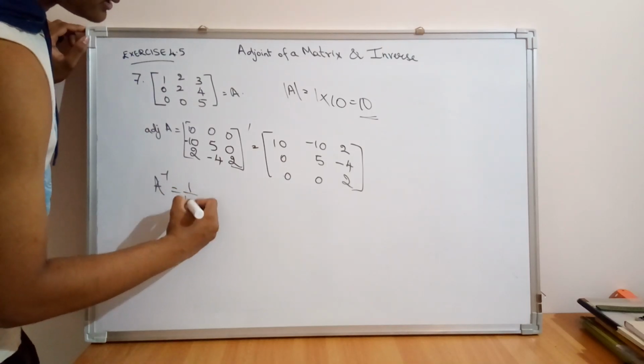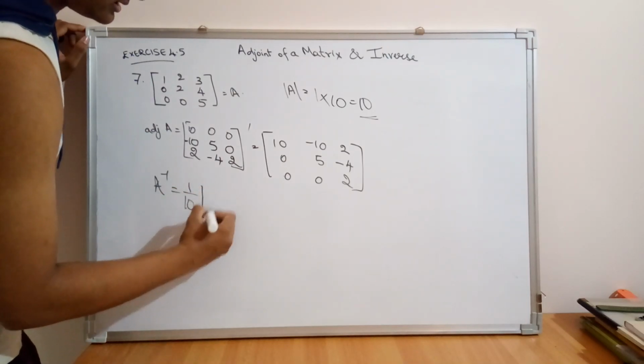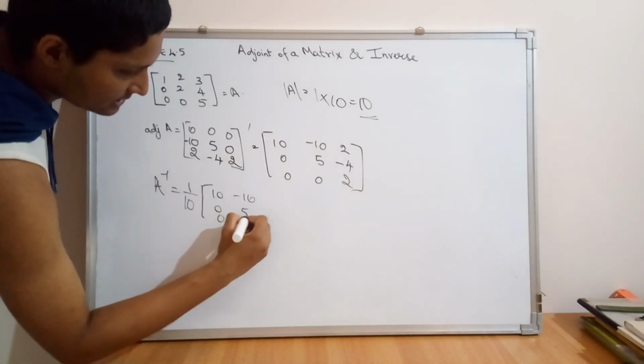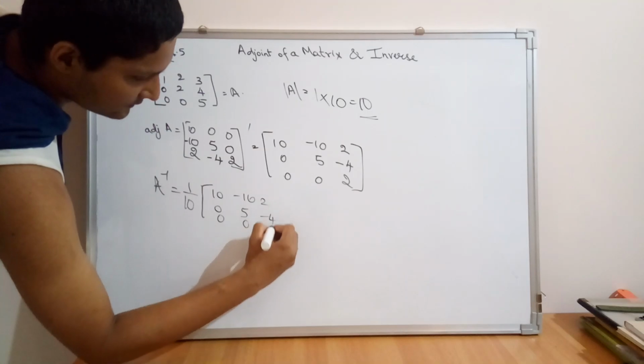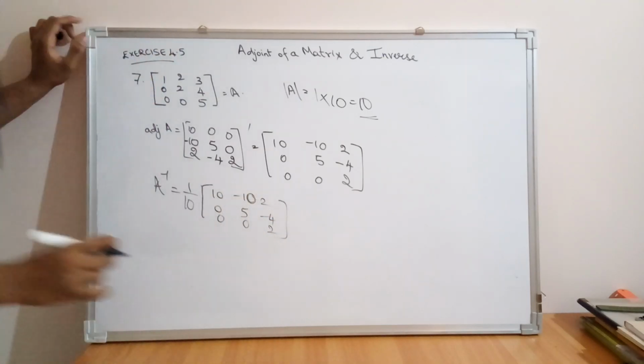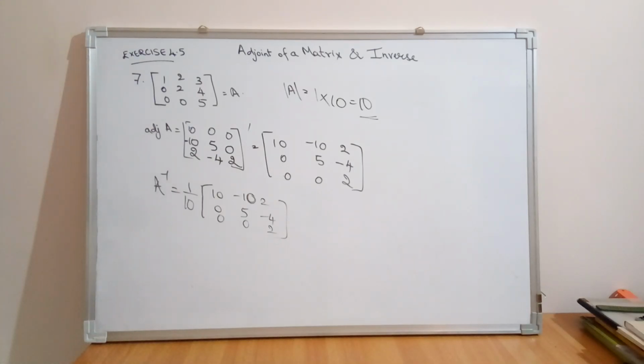So it is 1 by 10 into this determinant, that is 10, 0, 0, minus 10, 5, 0, 2, minus 4, 2. This much is okay. This is all about A inverse for the 7th question. Next we'll move on to the 9th one. Okay, let me take the 10th question.